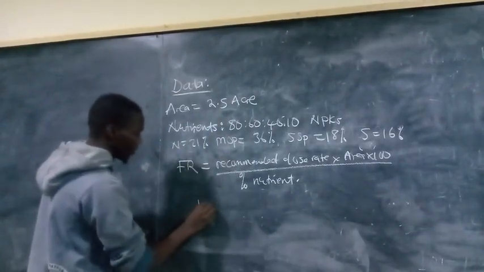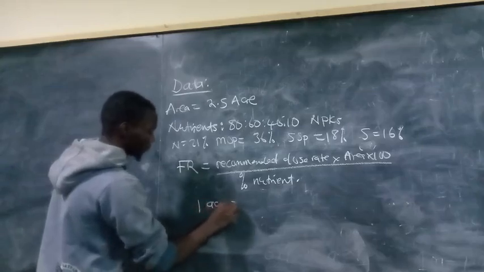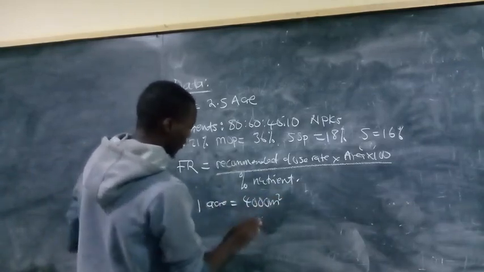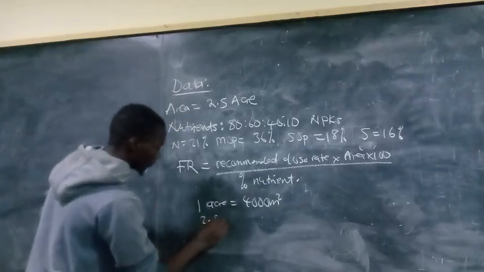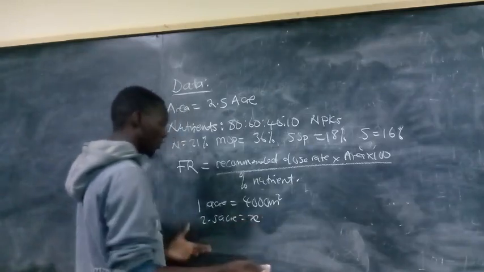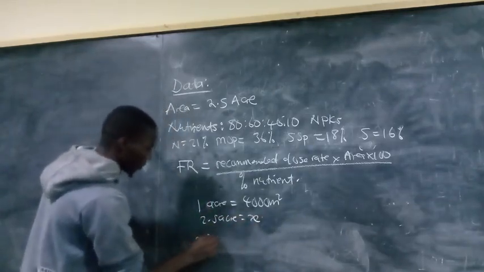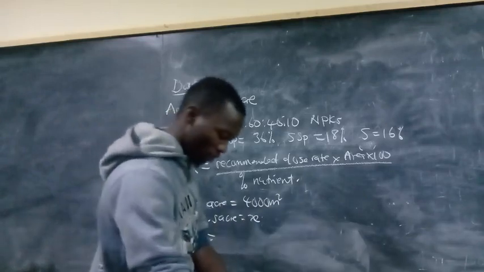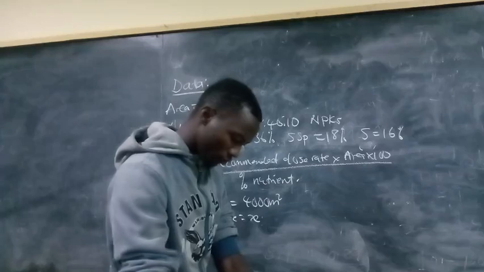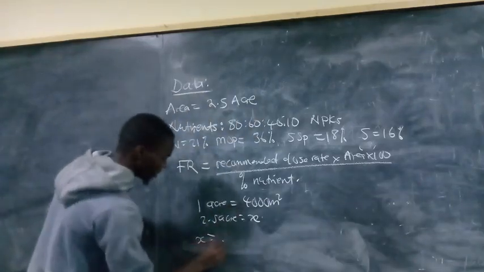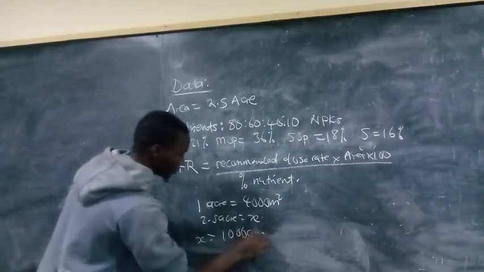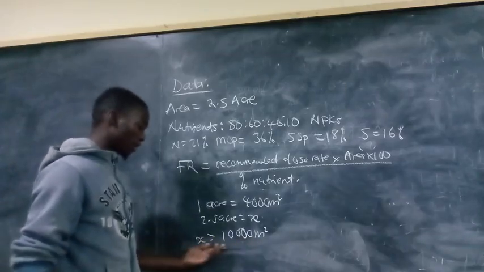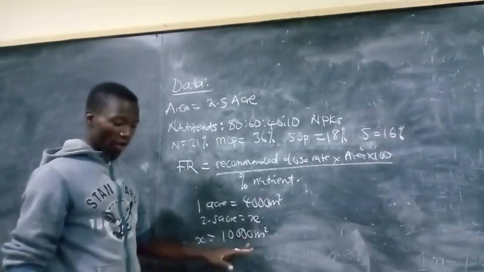So we're going to say 1 acre is equal to 4,000 square meters. How about 2.5 acre is equal to x? So you cross multiply, and you get 10,000 square meters. So this is the figure that we get as our area.